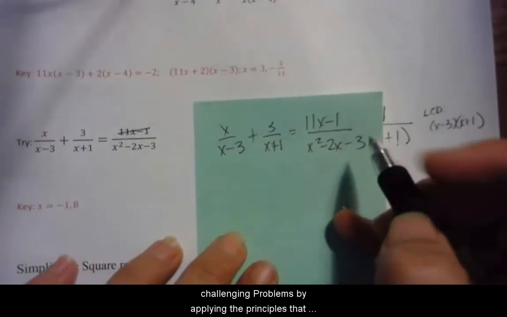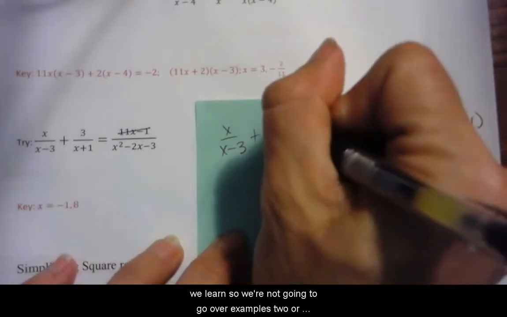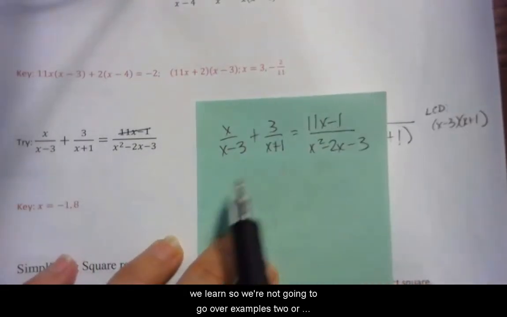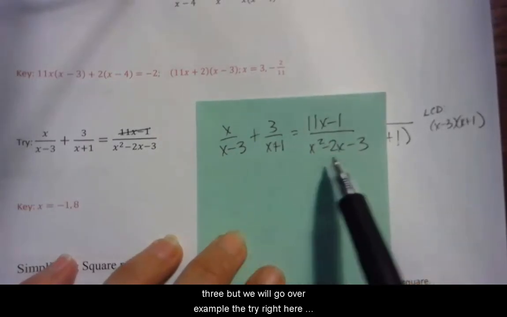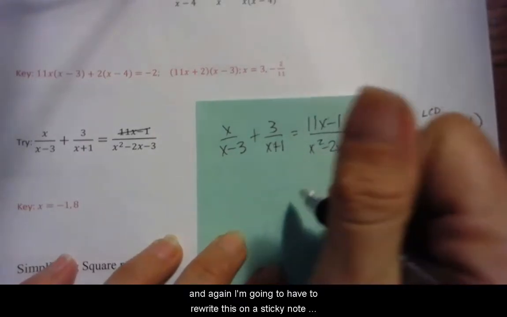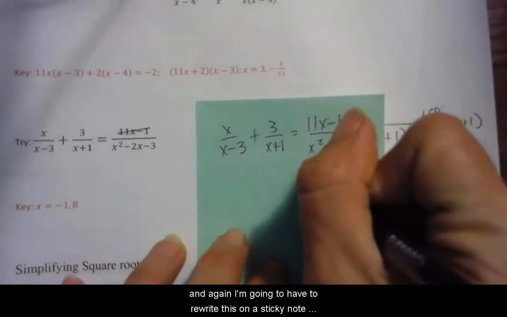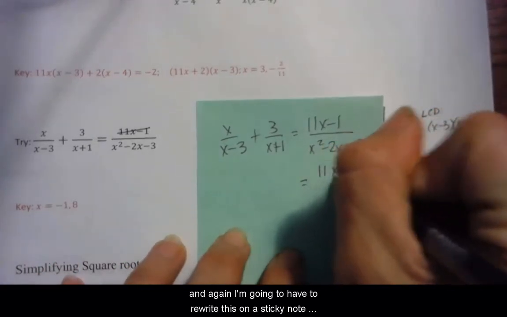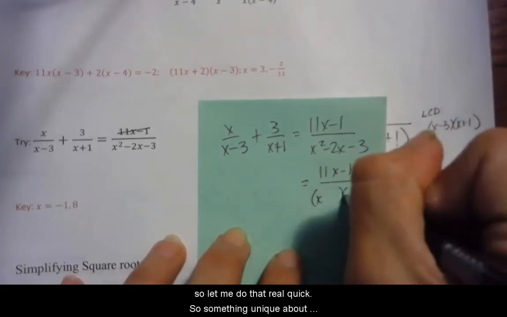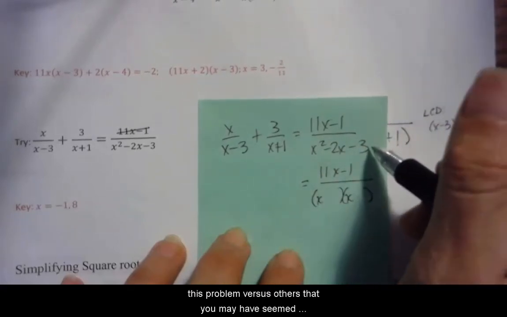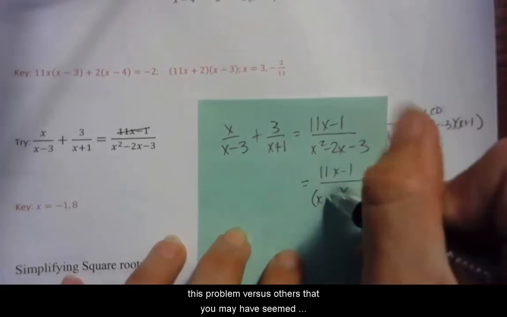Okay, so something unique about this problem versus others that you may have seen like it is that this last denominator is not factored. And it can be, so we want to start with that first. We want to try and factor that. So we put an x here, factors of 3 that give me a difference of 2.